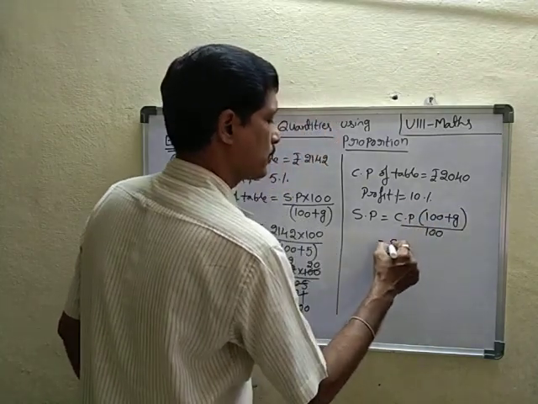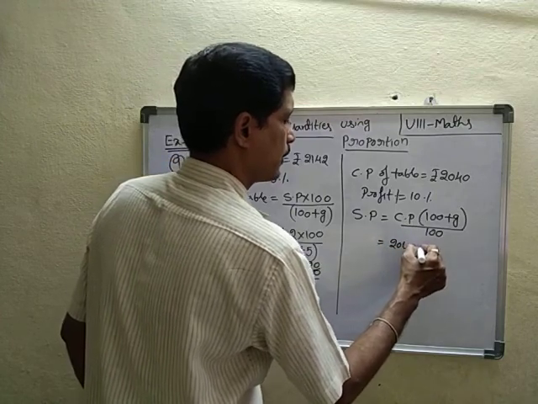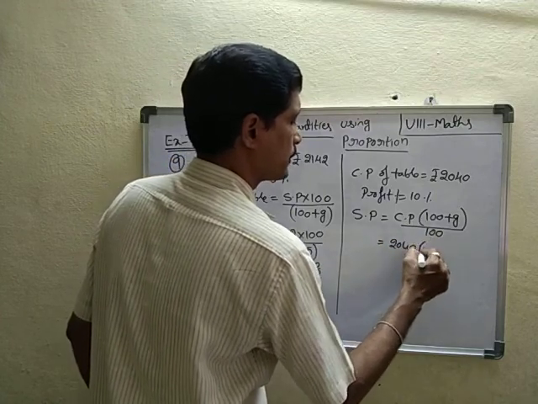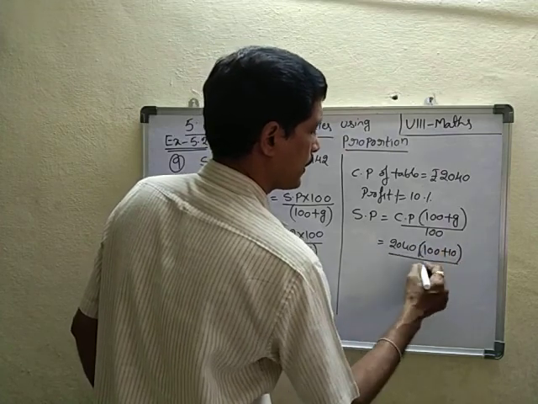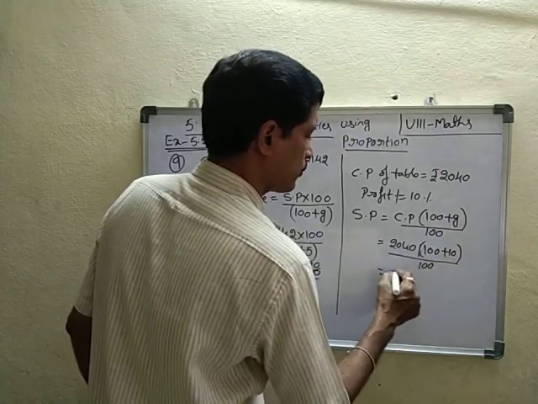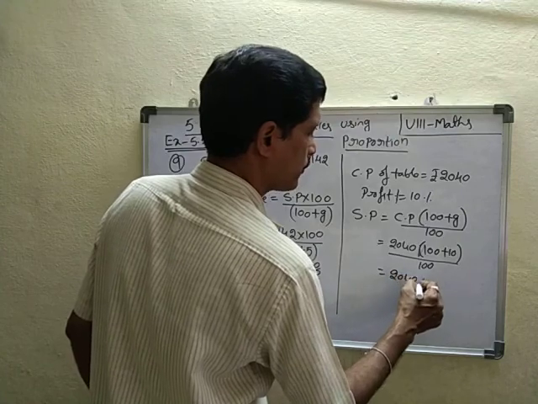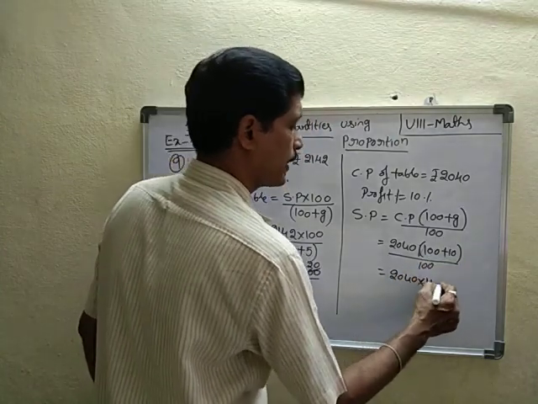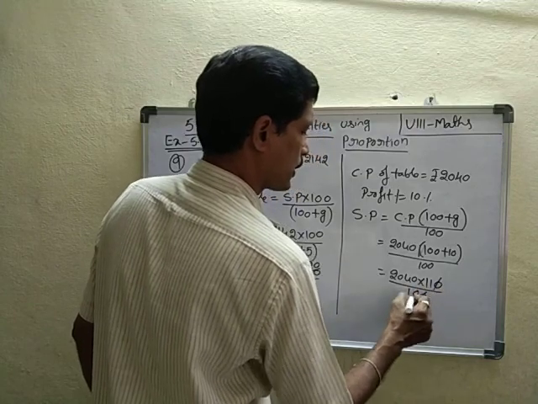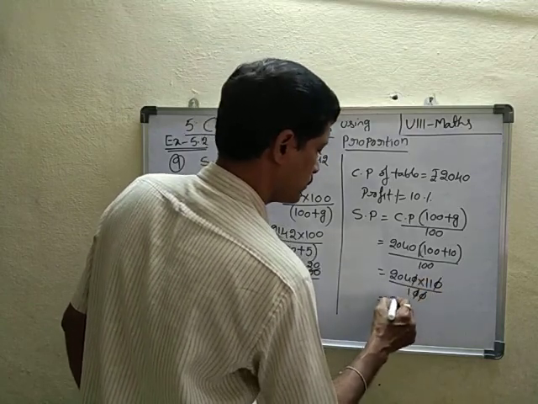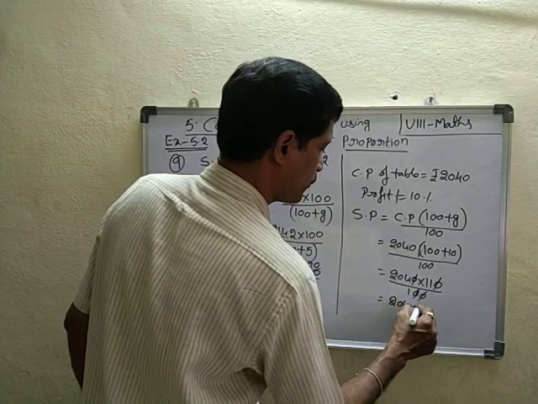Your cost price is 2040. So 2040 into 100 plus 10, that is 110, by 100. Here the zeros get cancelled, and we get 204 into 11.